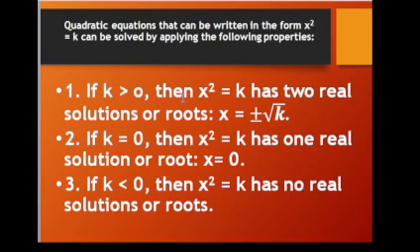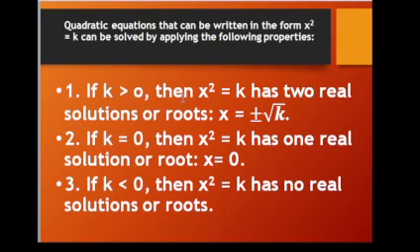It's either positive or negative. Number 2, if k is equal to 0, then x squared equals k has 1 real solution or root, and that is 0. So if 0 is at the right side of the equation, there is only 1 real solution, that is 0.